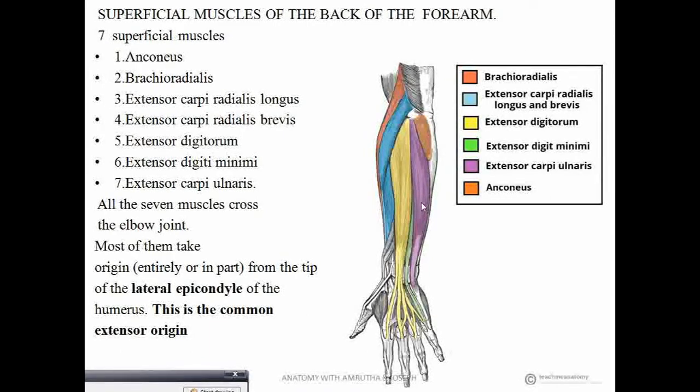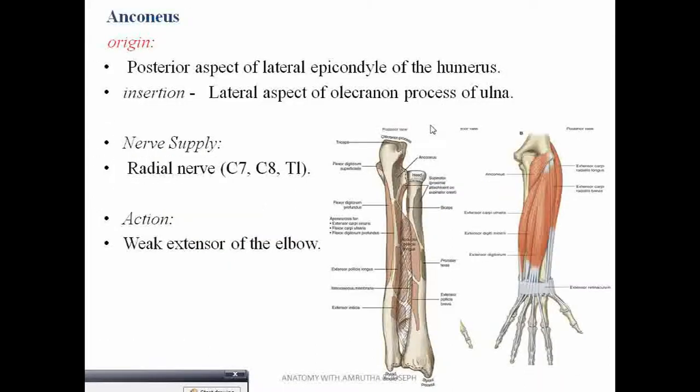Now all of the 7 muscles are going to cross the elbow joint, so they can act on the elbow joint. Most of them take origin entirely or in part from the tip of the lateral epicondyle of the humerus, and this is the common extensor origin. Medial epicondyle was the common flexor origin. Let's see each muscle.